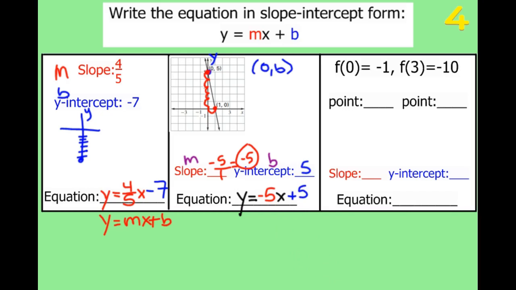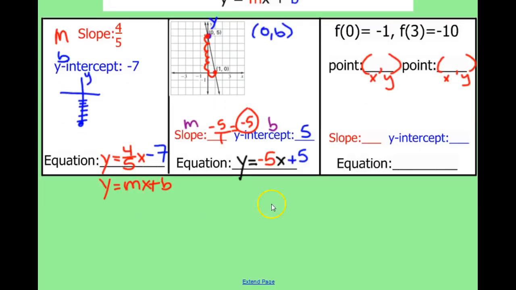Now this third one looks a little bit confusing because this isn't really a point. We need to come up with a point x and y, and another point x and y. Now before, back in chapter 4, we learned f of x is a fancy way of saying y.